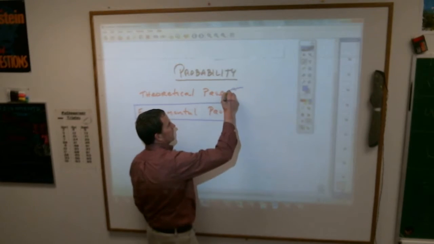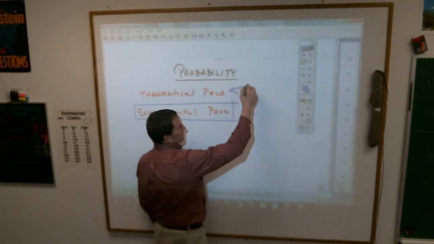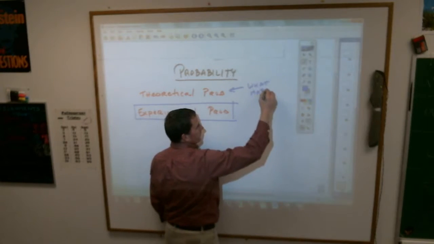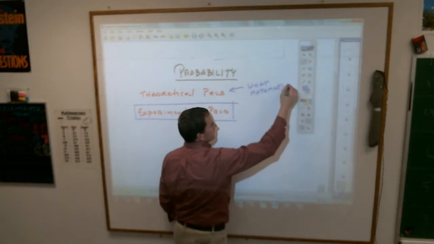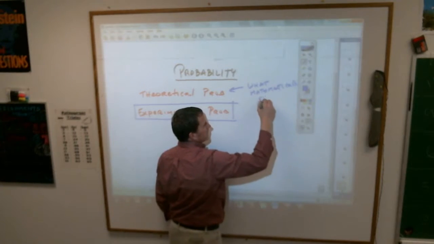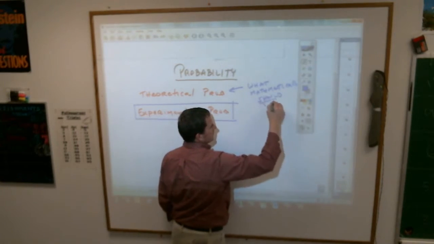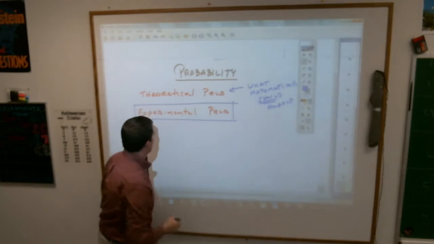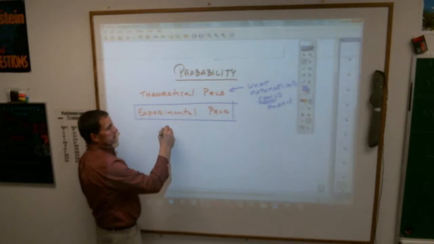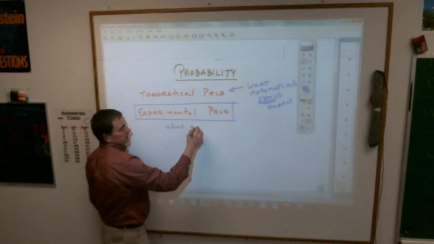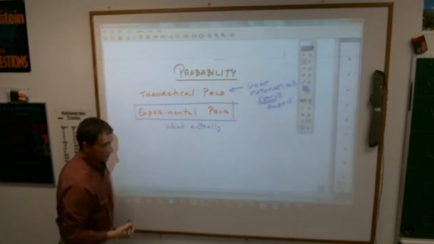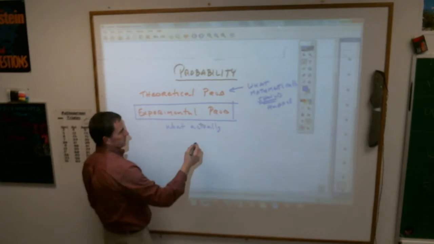Yes, theoretical is what mathematically should happen, whereas experimental is what actually does happen. You have to physically do the experiment to get experimental probability.